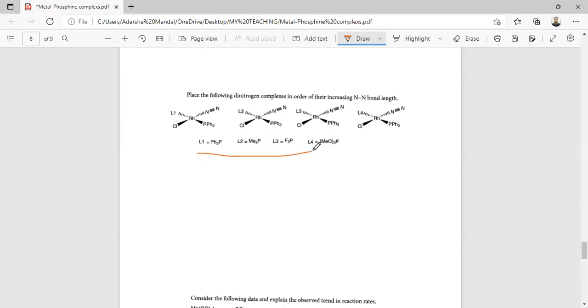So between these four ligands, consider the sigma donation property.